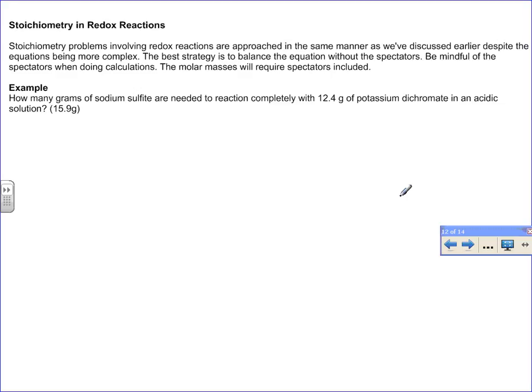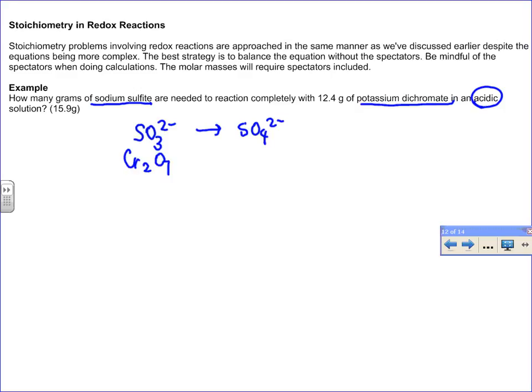So in this reaction here, we've got sodium sulfite and potassium dichromate in acidic solution. So the spectators are sodium and potassium. You've got sulfite, and sulfite converts to SO4 2-, and the dichromate, as we've seen a couple of times, converts to chromium ions. So you need to balance this in acid, so I'd encourage you to pause the video and balance so that you can practice that skill.